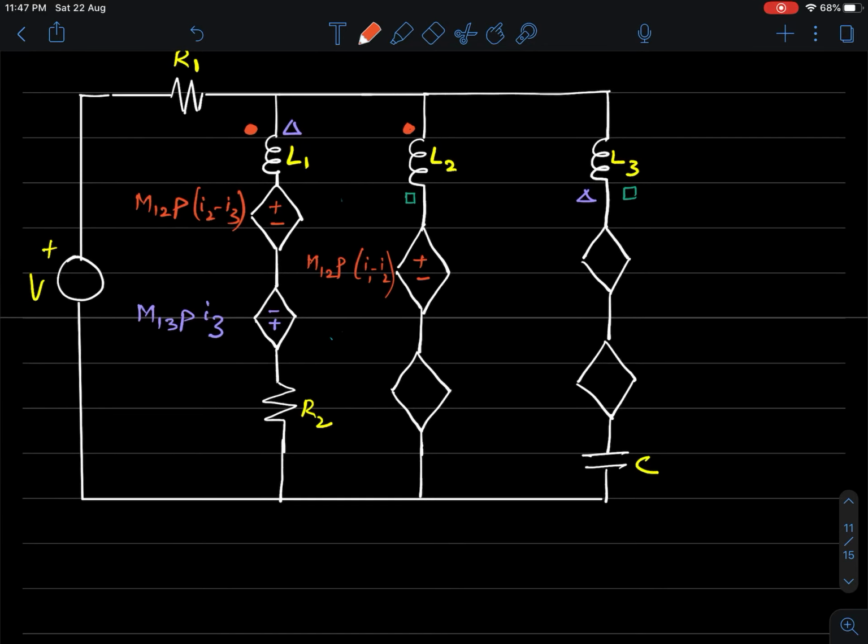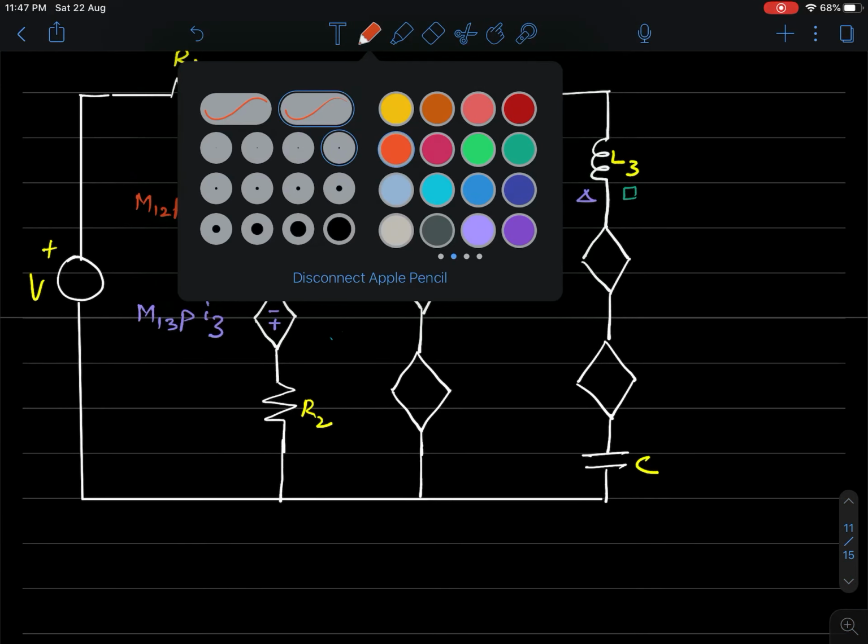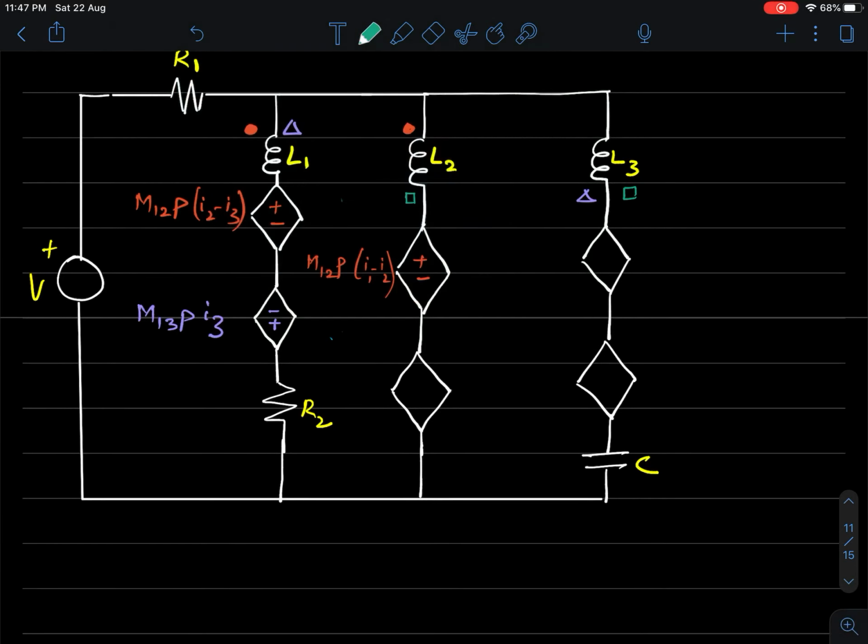Now the other mutually induced EMF is due to this rectangle near L2 and rectangle near L3. So current through L3 will produce an EMF in L2. Okay, so current through L3 is I3. Okay, I3 leaves the dot. This will produce a negative sign at the dot, positive sign here, and this is M23P.